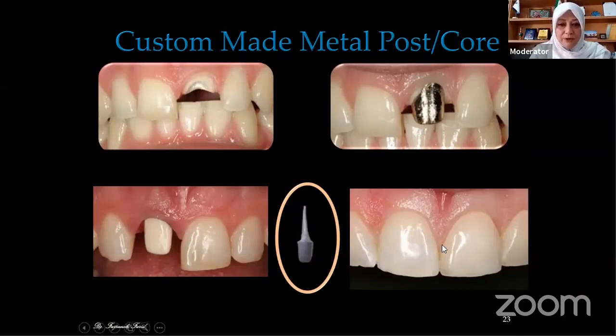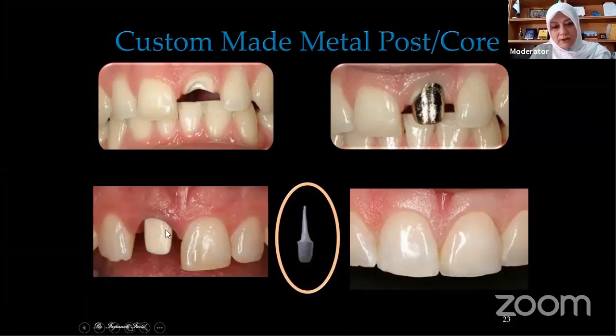But if you are using base metal post and cores that are dark, and you want to use a full ceramic with a translucent inner layer, it's better to cover the coronal part of the core with an opaque material.